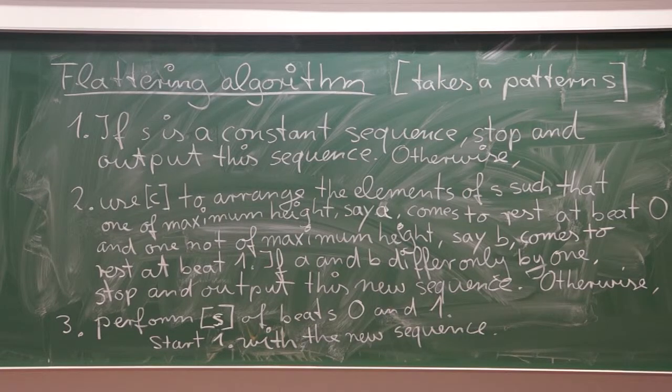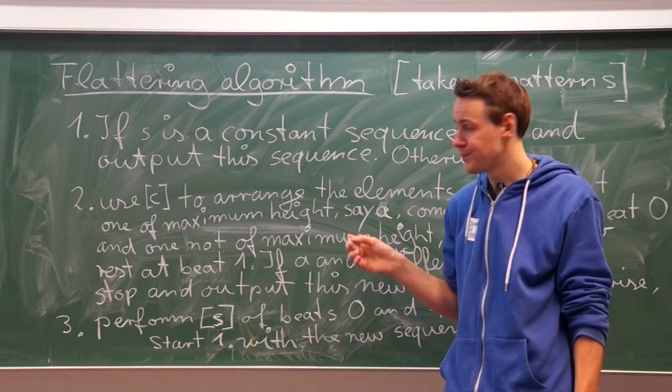If A and B differ only by 1, stop and output this new sequence. If not, perform a swap of beats 0 and 1, and you end up with a new sequence, and you repeat the process. So you start at 1 with a new sequence. That's what the algorithm does.